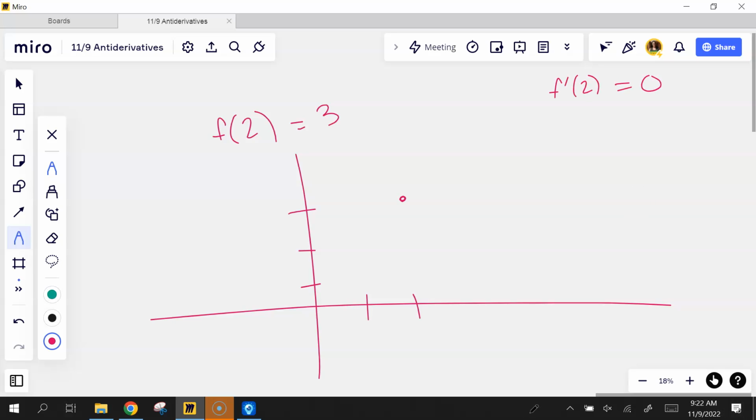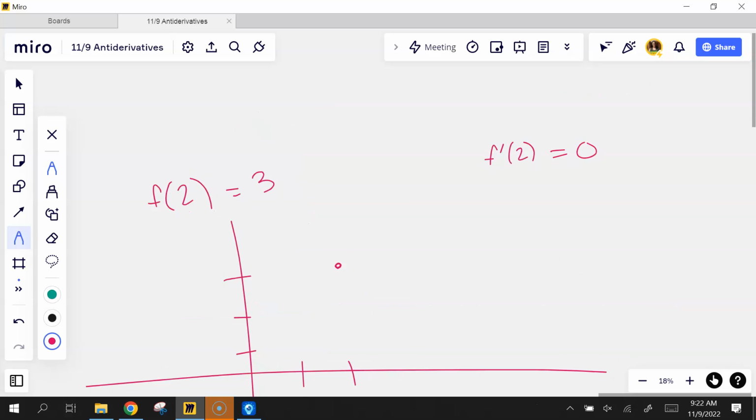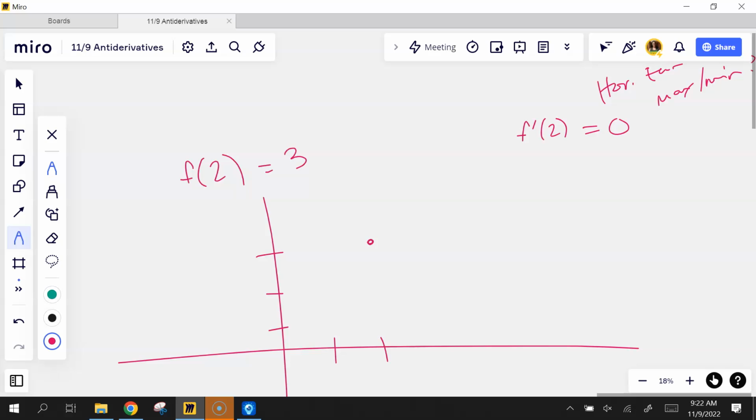Tell me what that means. It's either a max or a min, more than likely. We know it's a horizontal tangent, but it's a max or a min as long as it goes from increasing to decreasing or decreasing to increasing. So this is a maybe here, but definitely a horizontal tangent.